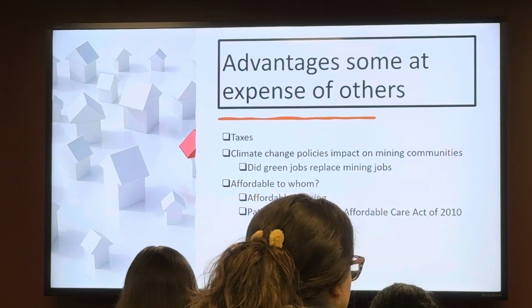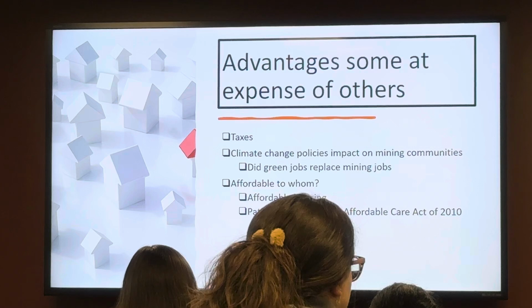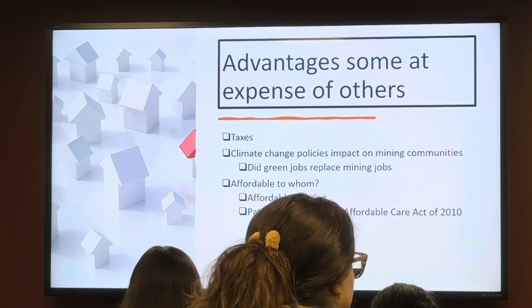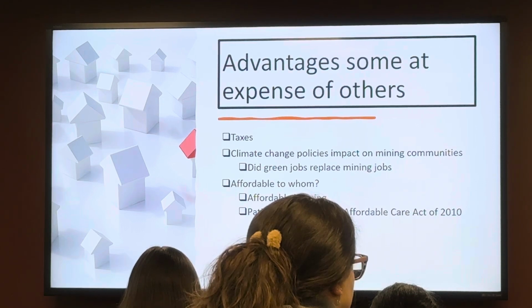When they print more money, what does that cause? Inflation, right? And who's inflation going to hit? Everybody. Or they can just tax you outright, which impacts individuals or corporations that have to pay the taxes.